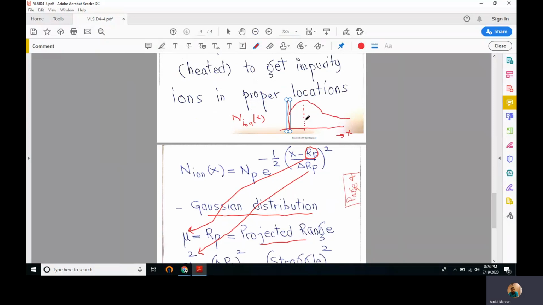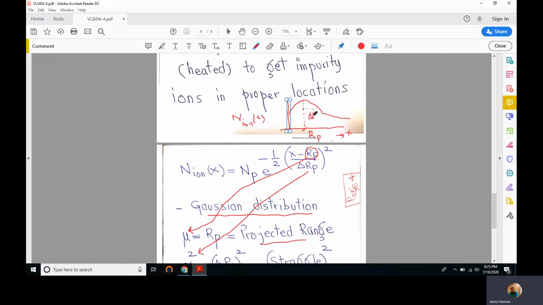This vertical line intersects the horizontal axis at a point that is equal to mu, the mean. This means the majority of the atoms will stop here. The probability that a given ion stops at this distance, when x is equal to Rp, is the max, right? And this is the standard deviation delta Rp.